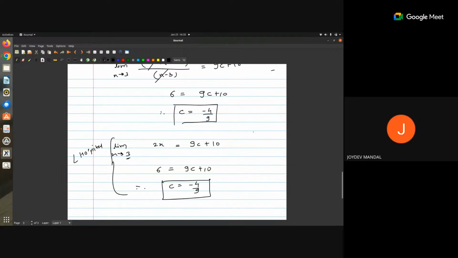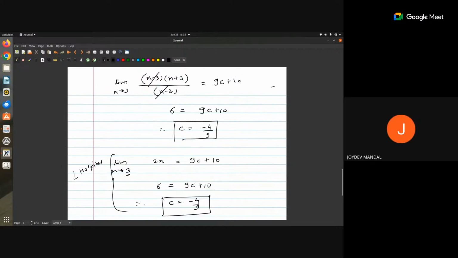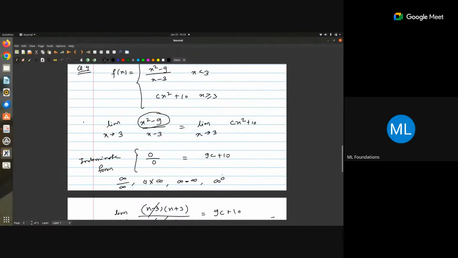And sir, we do not need to differentiate the right hand side? No, because there is no such form there. We can do this when we have this kind of form. So here, if I plug in 3, 3 square is 9, 9 minus 9 is 0, divided by 3 minus 3, so it is 0 by 0.